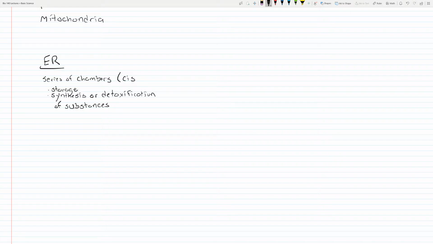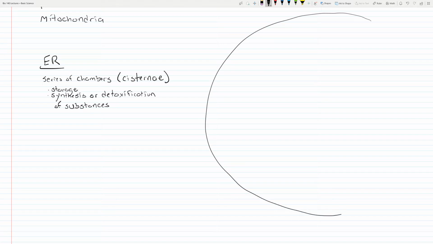Let me make sure I spelled that right: C-I-S-T-E-R-N-A-E, cisternae. So if we take a look at it, here's our cell. We're going to draw a very big cell, and we're going to draw our nucleus a little bit smaller. The nucleus is a double membrane, it's got two membranes.